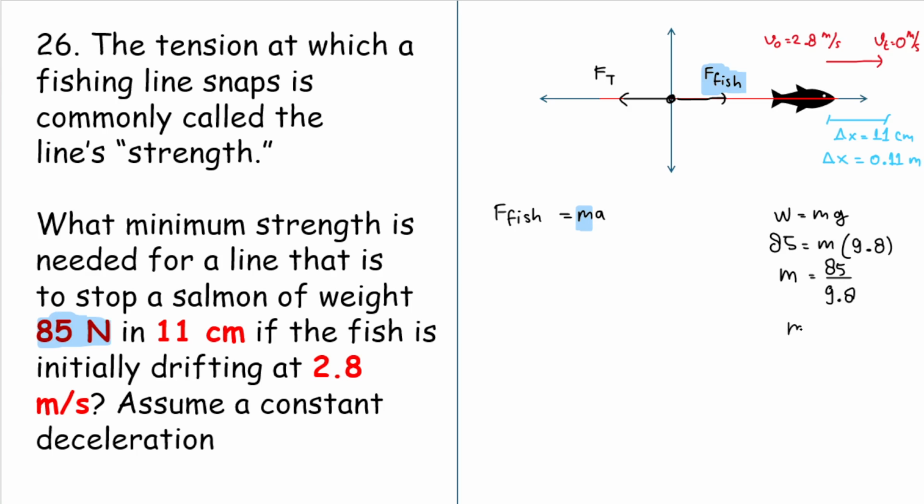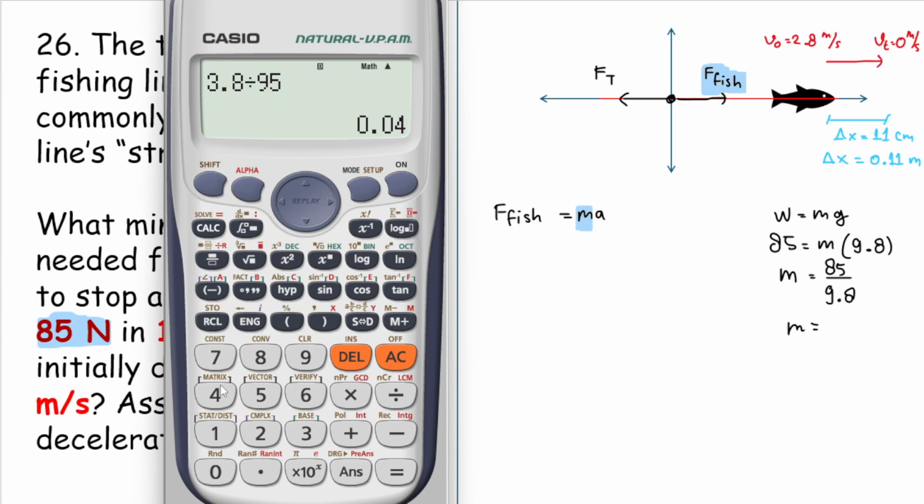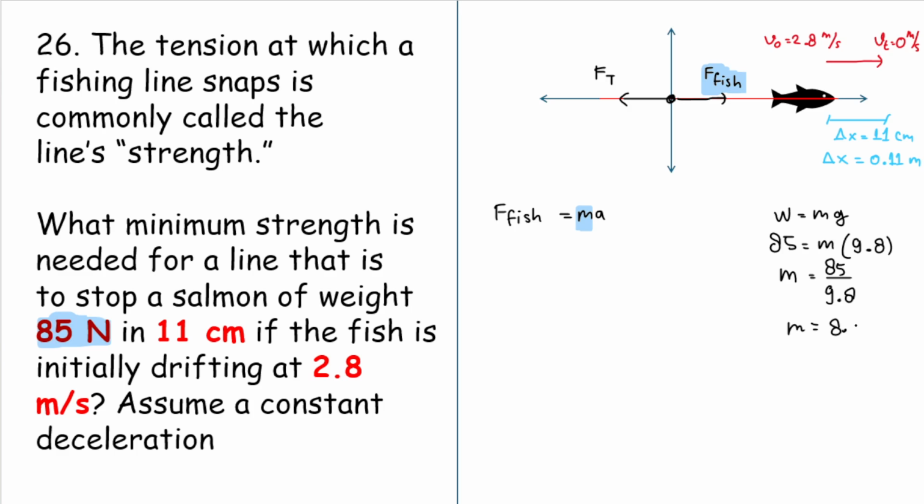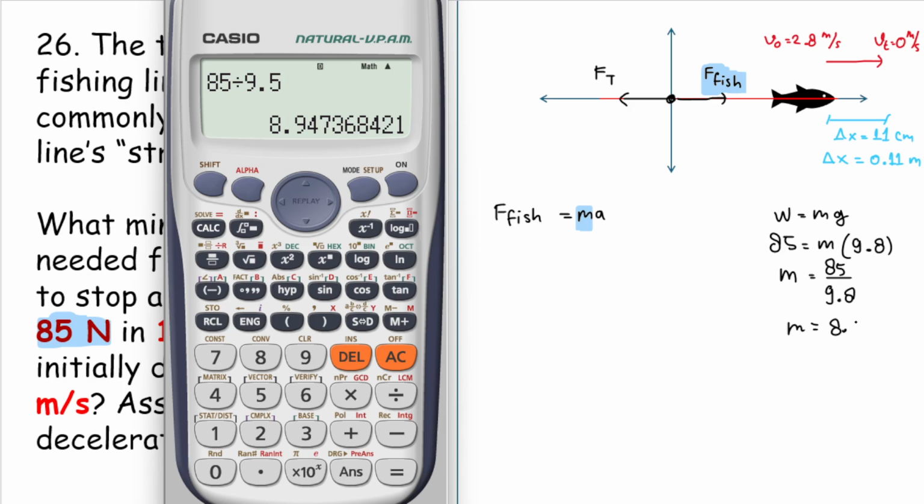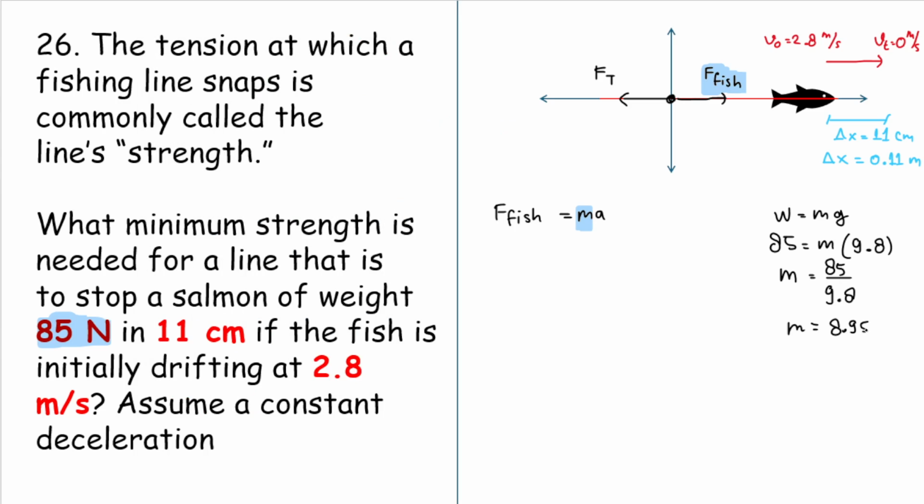Let's see, where is my calculator? There it is. 85 divided by 9.8. Good. So we have 8.95, and the unit here is kilogram. Okay, and that is for the mass.